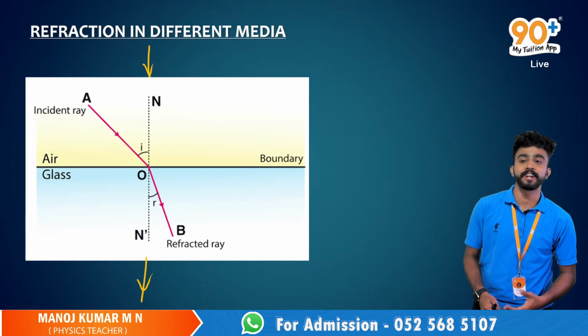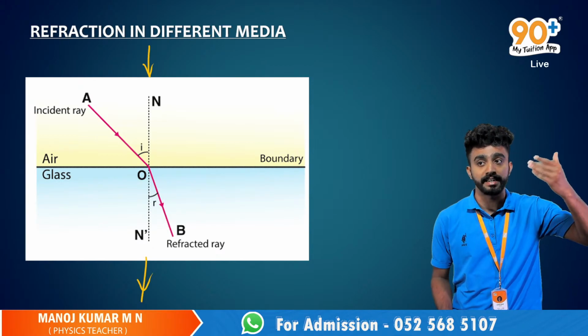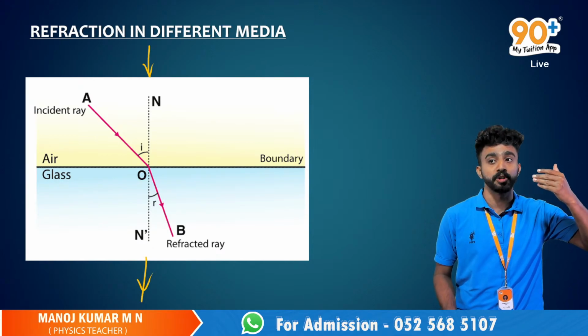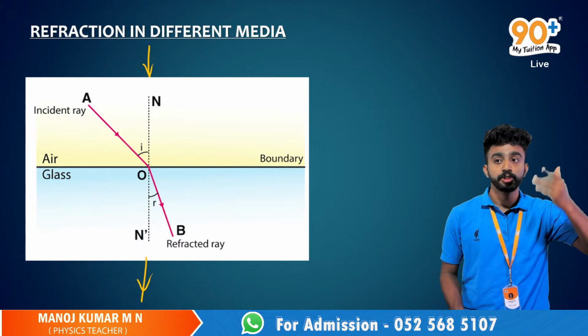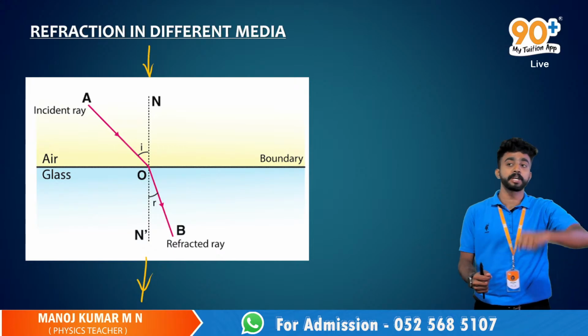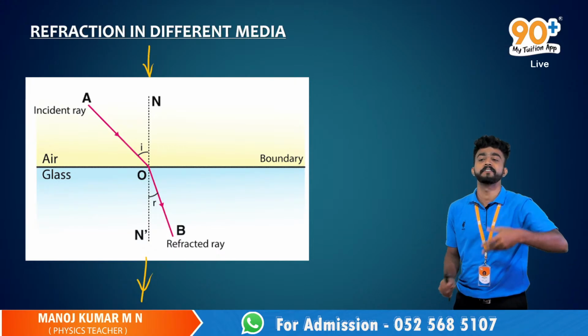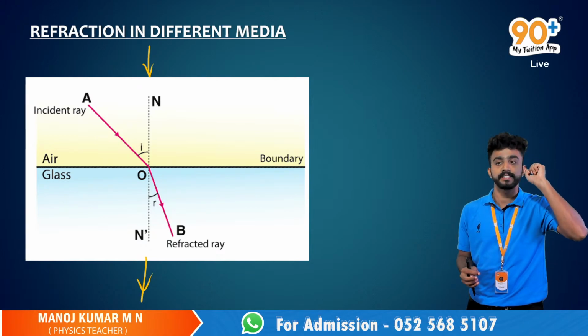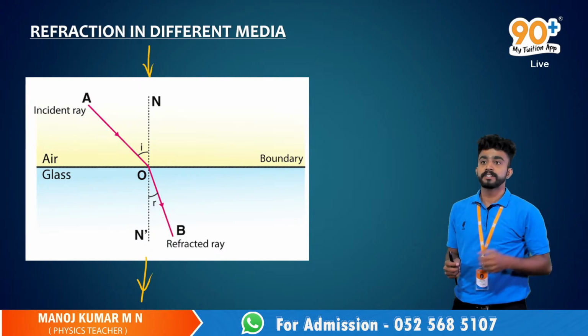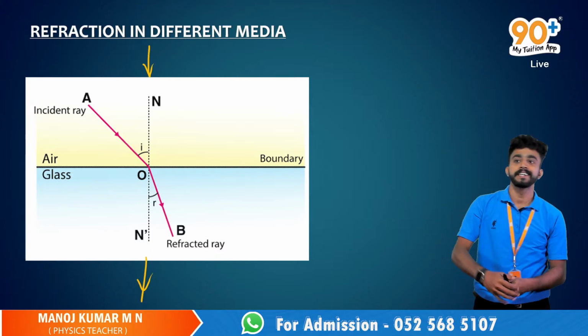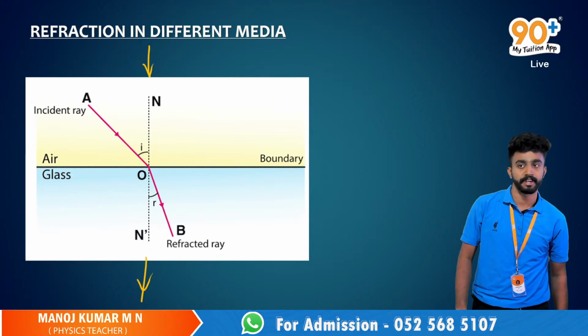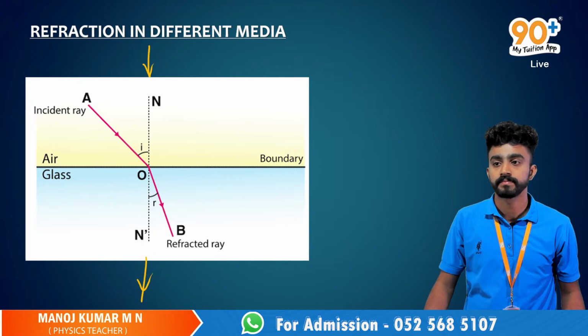The reason is that multiple layers are there, so multiple reflections happen. Or the material is coated with a film or another layer. That is the reason. It will pass light as well as give the property of reflection. Got it? Fine.